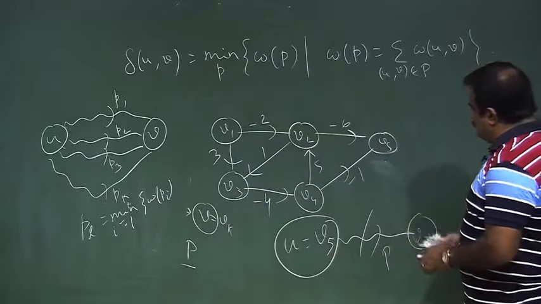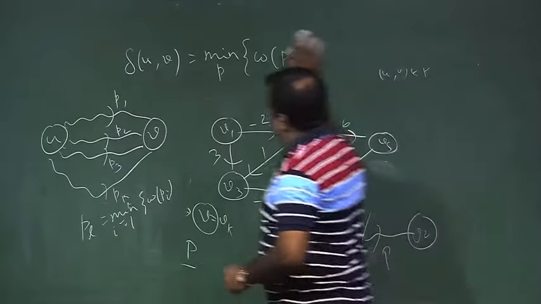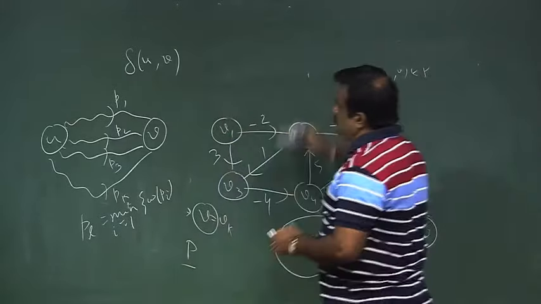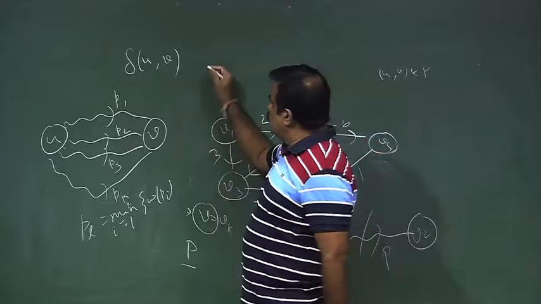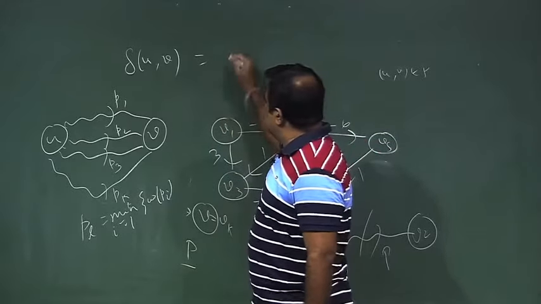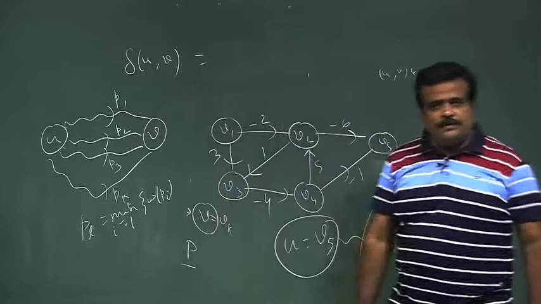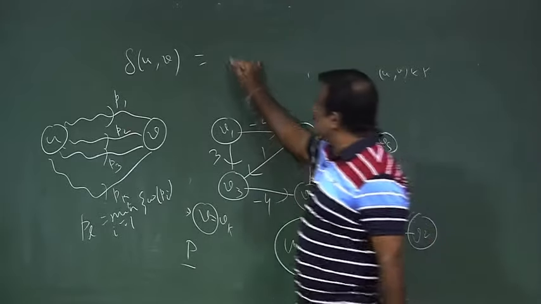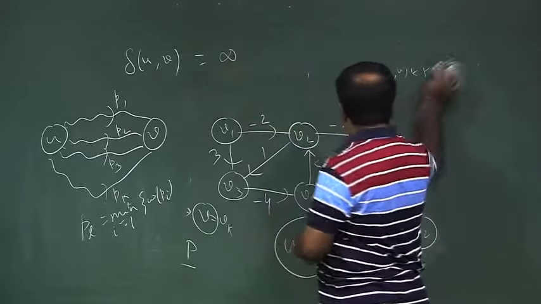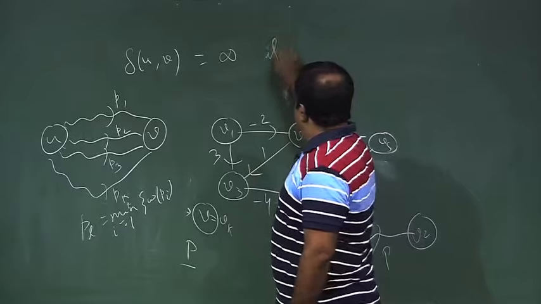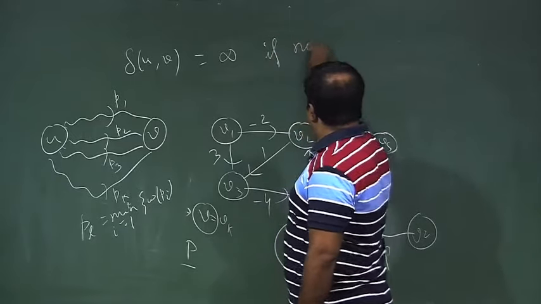Okay, let us come to this example. The weight of the shortest path is denoted by delta uv. If there is no shortest path from u to v, then we denote this by infinity.